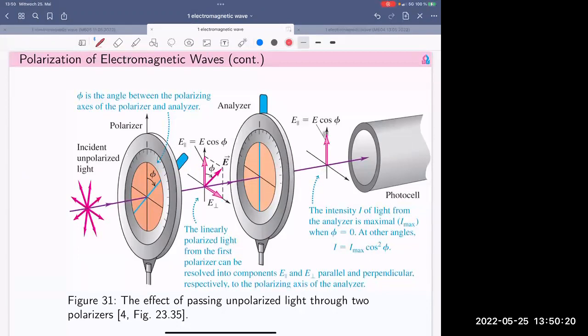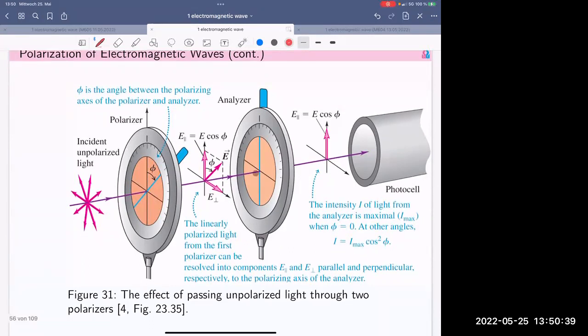And finally, we get only E cosine phi. This light will hit the sensor at the end of this tunnel.